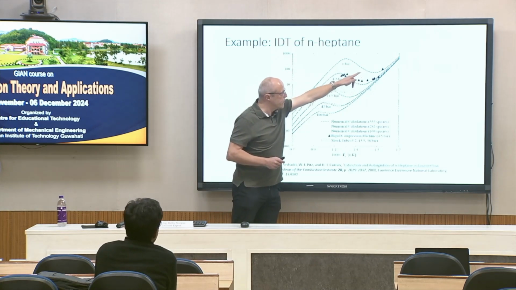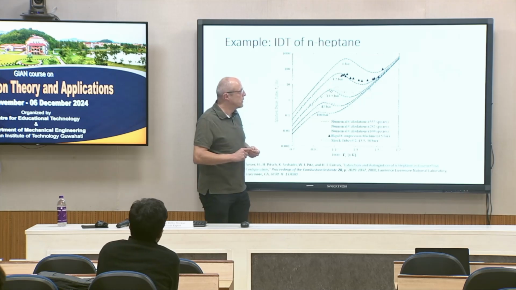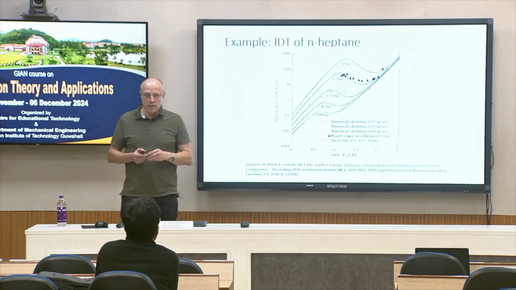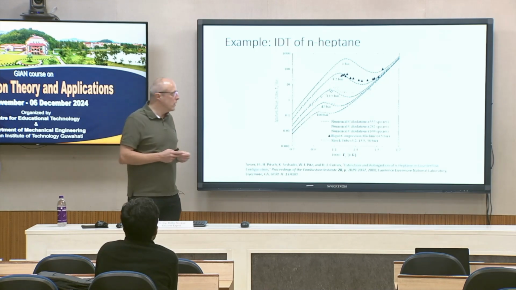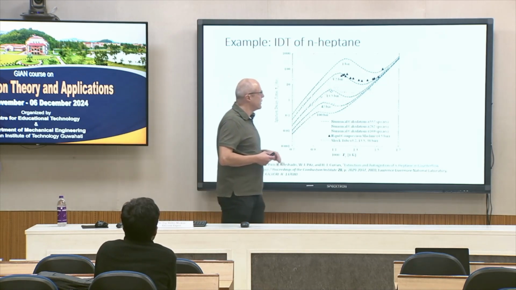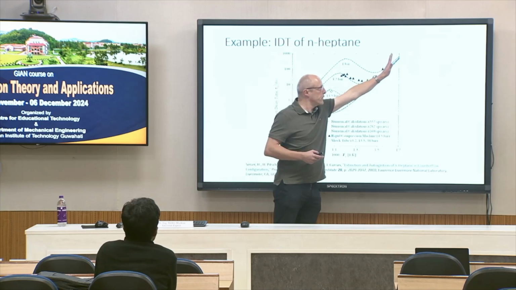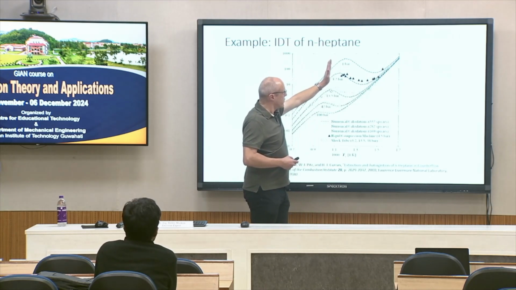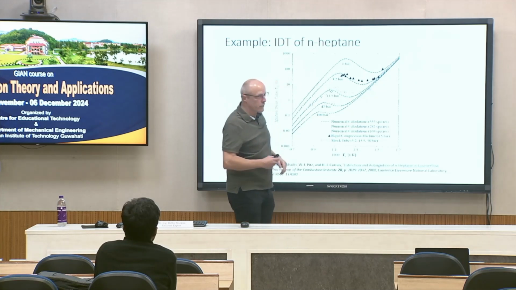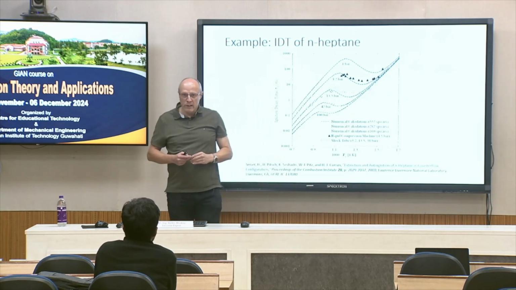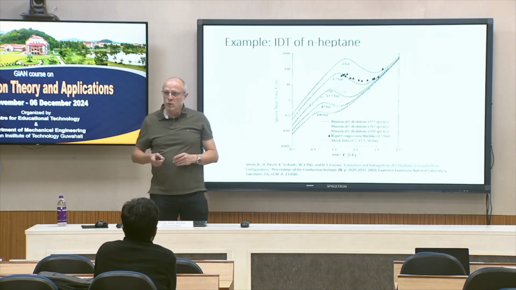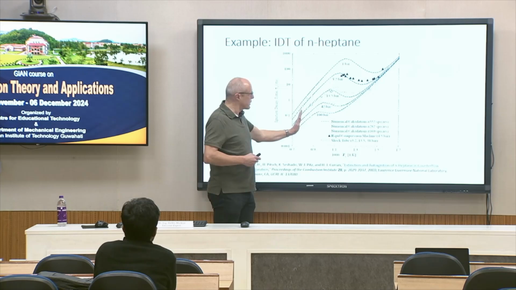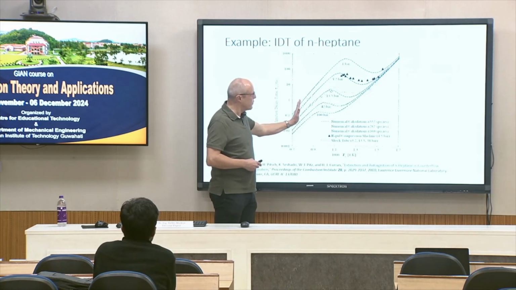However, we see this change of ignition regimes due to chemical reasons, as we have discussed yesterday. So we have one specific regime here, then another regime, and finally in the high temperature area the H plus O2 leading to OH plus O reaction governs the ignition delay time.